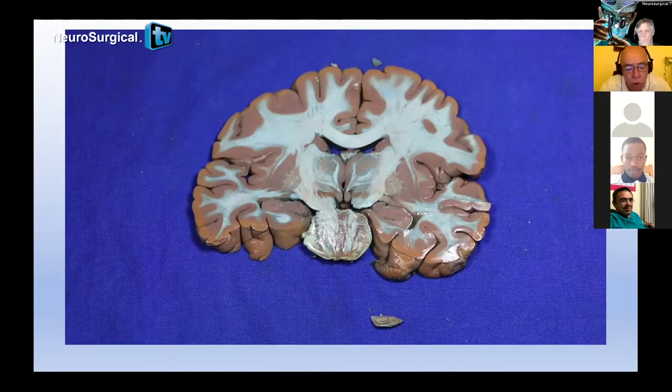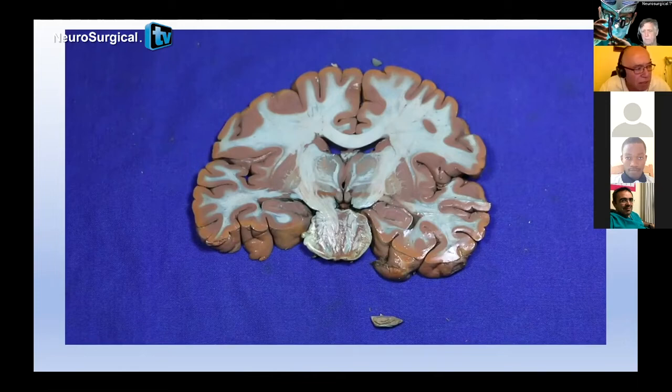First of all, you need to fix the brain with formol, and after 15 or 20 days you should remove all the arachnoid with vessels, and then make very good, very nice, precise cuts, and then get the chemical substance.